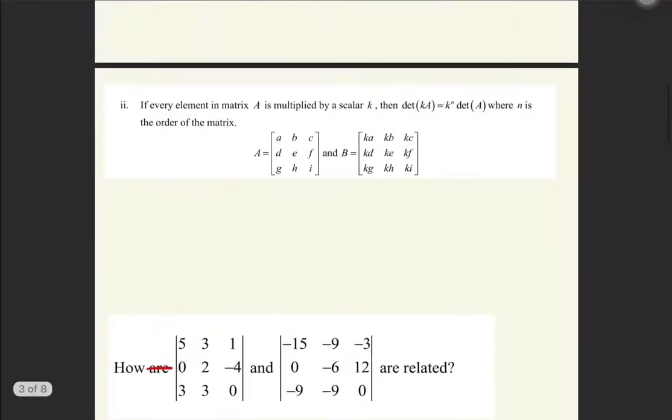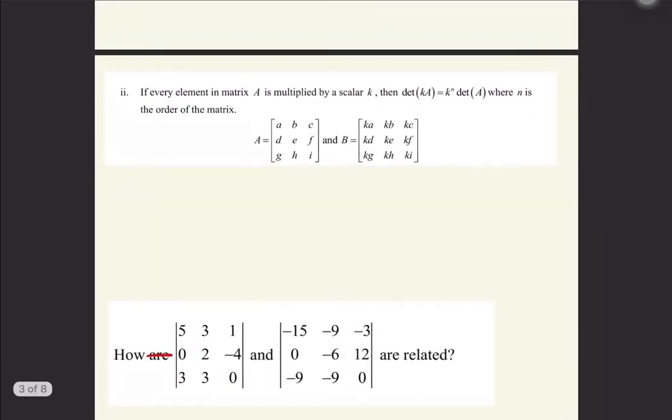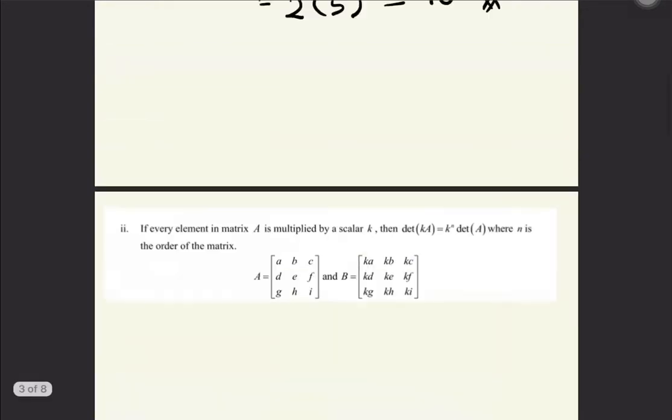For the second property, if every element in matrix A is multiplied by a scalar K, then the determinant of KA, the determinant of the new matrix, is equal to K to the power of n determinant of A, where n is the order, or the size, of the matrix. What is the difference between the first property and the second property?